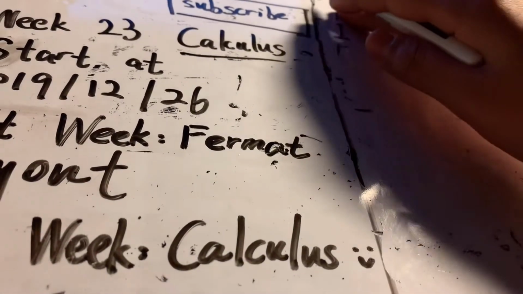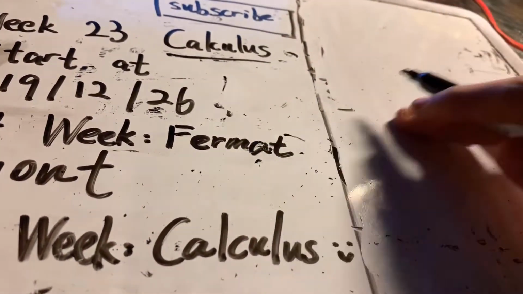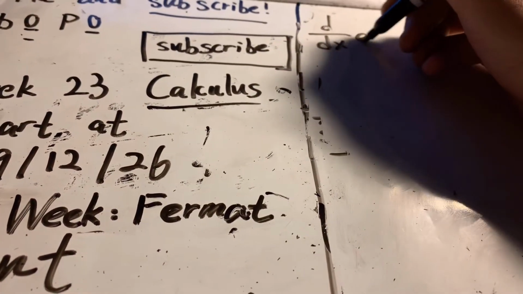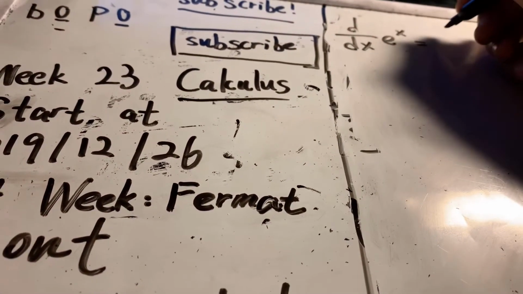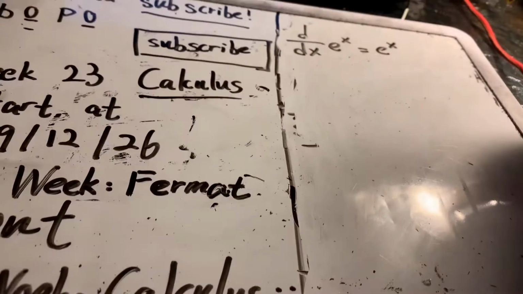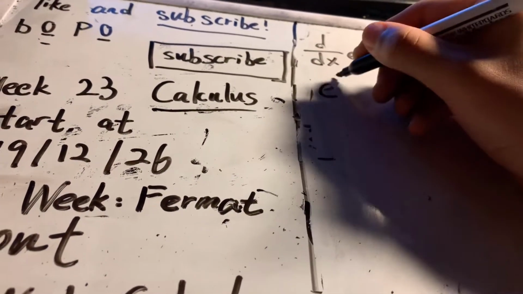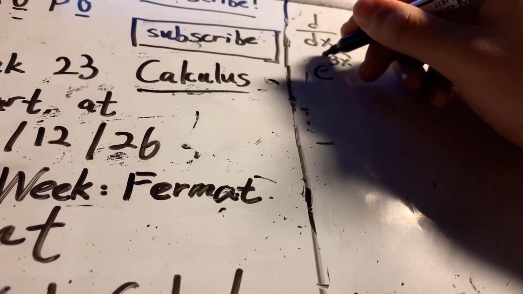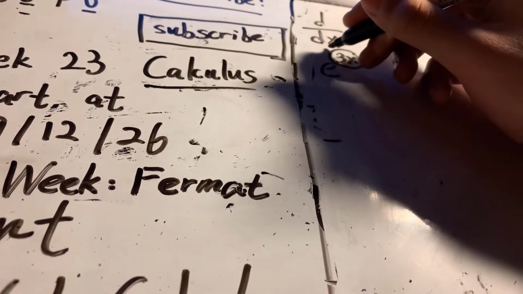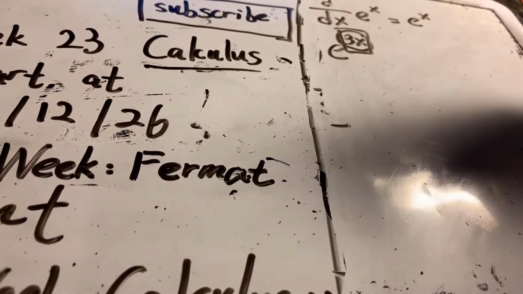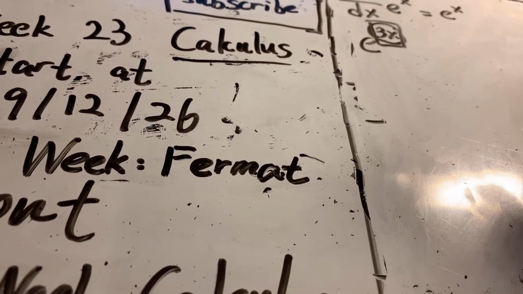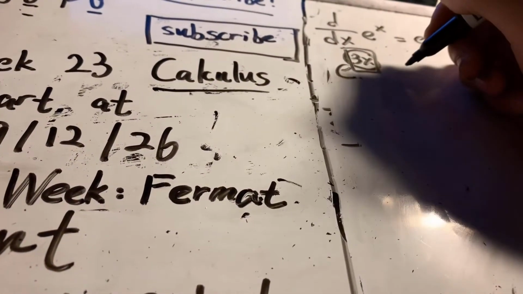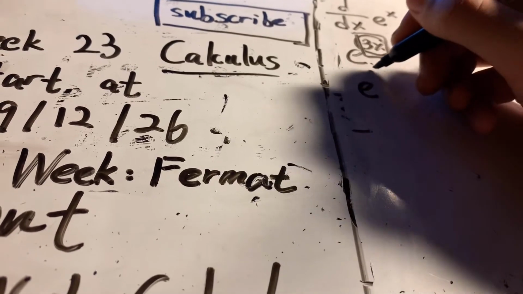The next thing we are going to do is the exponential rule. You just need to remember it. We can try another problem here. In this case, the exponent is not a simple number. It should be substituted because it's not a single variable. So, e to the power of 3x.